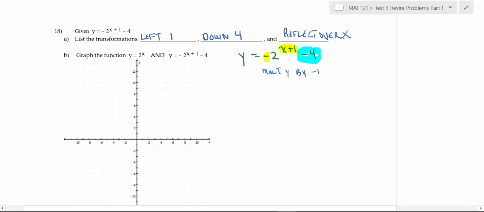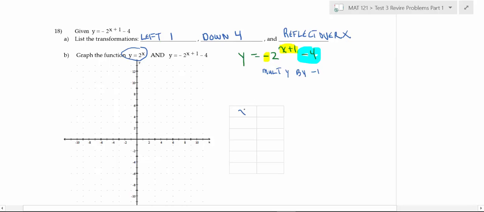Now this problem, you can get right if you take the time to do basic arithmetic on this seriously. So I'm going to make a table of values for the basic function y equals 2 to the x. I do want you to graph that.